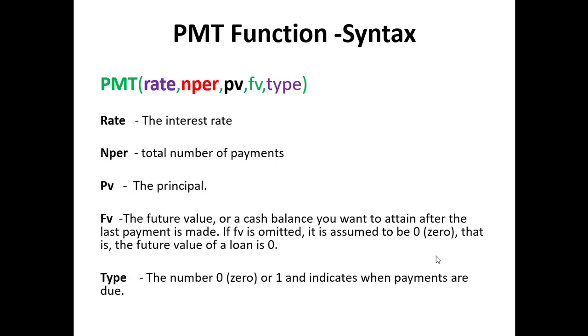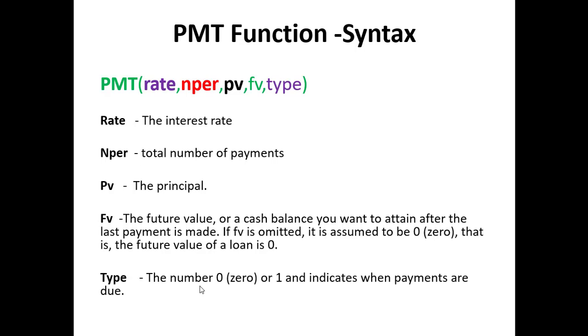And finally you have the type. Again this is optional, so you can ignore it, or otherwise you can specify the number 0 or 1, which indicates when payments are due. If you ignore this, it is taken as 0. That is what the function assumes: you will be making the payment at the end of the period.